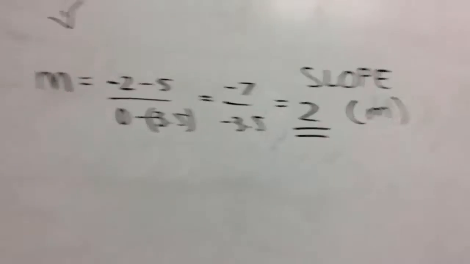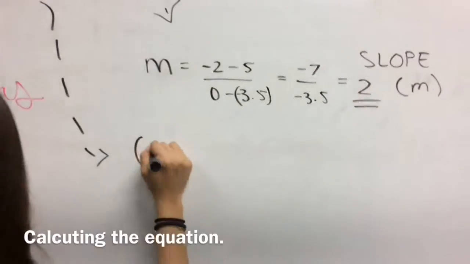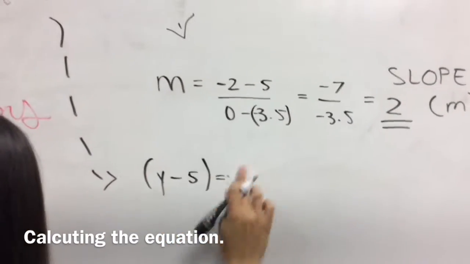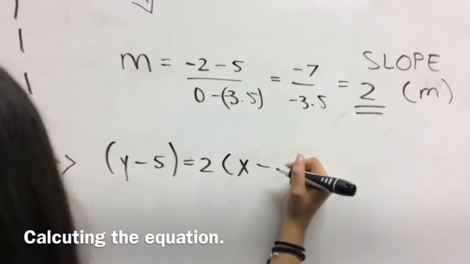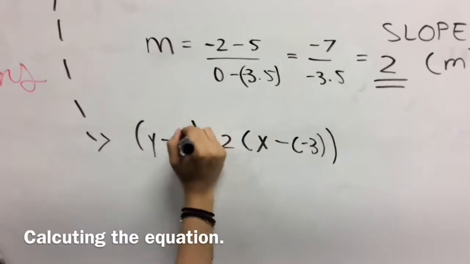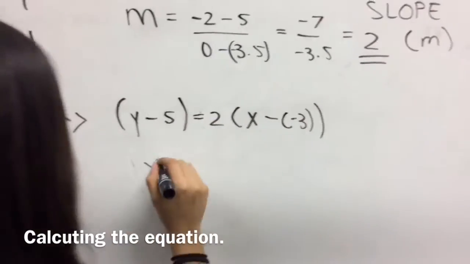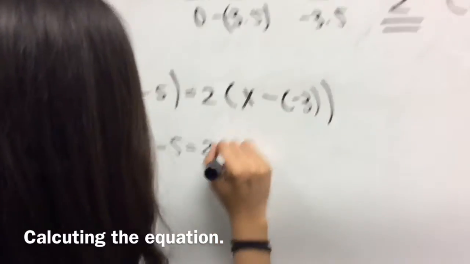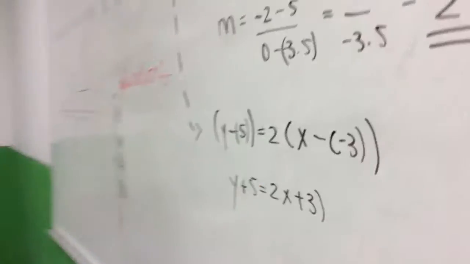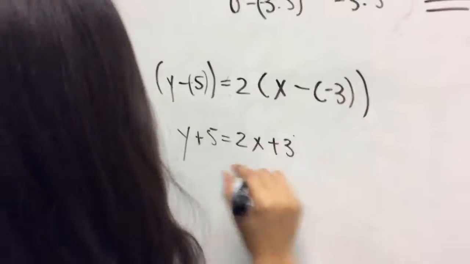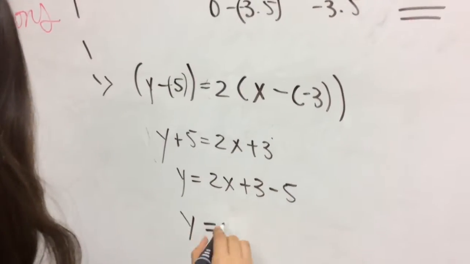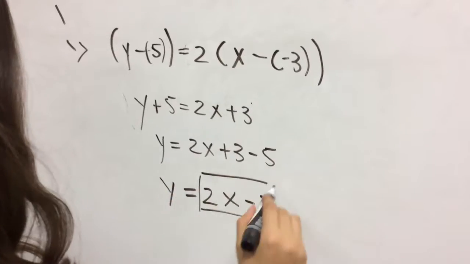Now, take the formula of the equation and substitute the next values. The result will be the equation for the first function.